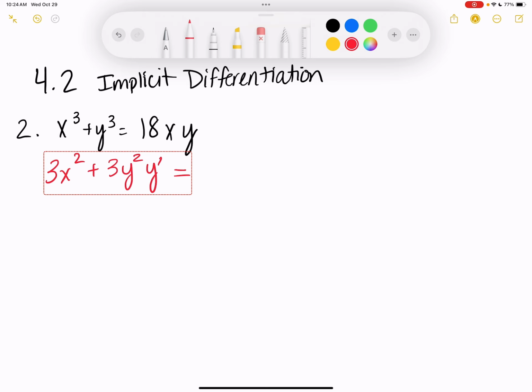The derivative of the first would just be 18, and then times y, plus the first times the derivative of the second, so that would be 18x times the derivative of y. Well, instead of it just completely going away like it does where it becomes 1 in this situation, normally it's going to become y prime. So it would be 18x y prime for that part.